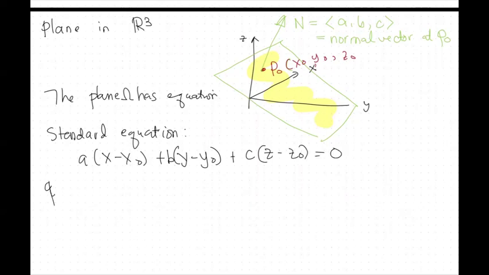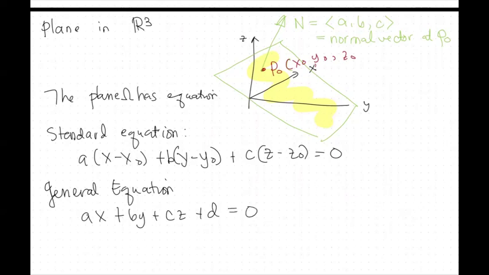Then the general equation is just expand this out. You get AX plus BY plus CZ plus D equal to 0. Here, D is all these constants: minus AX0 minus BY0 minus CZ0, because all of these are numbers. So we can combine them all.